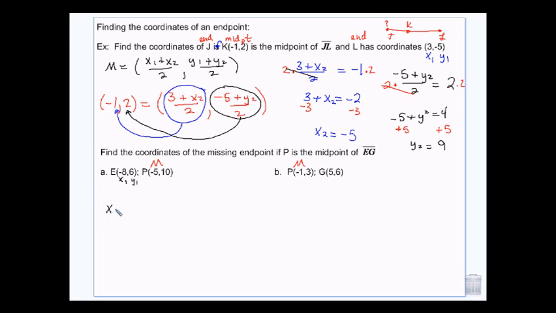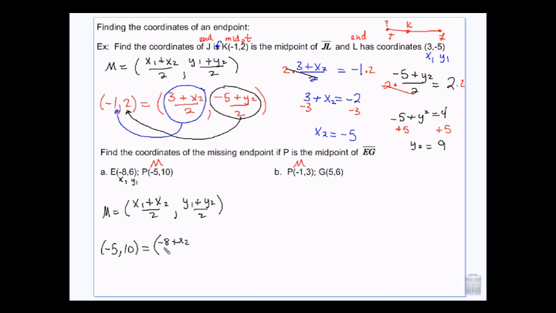So I can set this up: m equals x1 plus x2 over 2, and y1 plus y2 over 2. So m is negative 5, 10. x1 is negative 8.